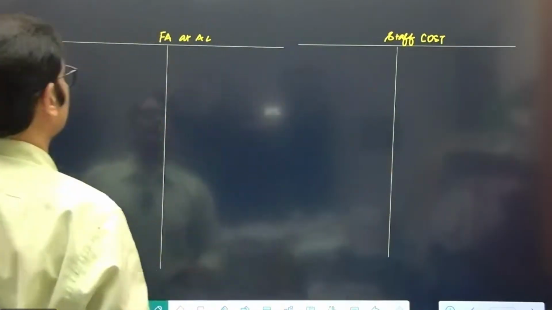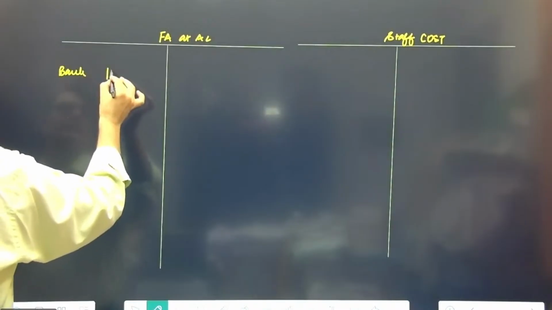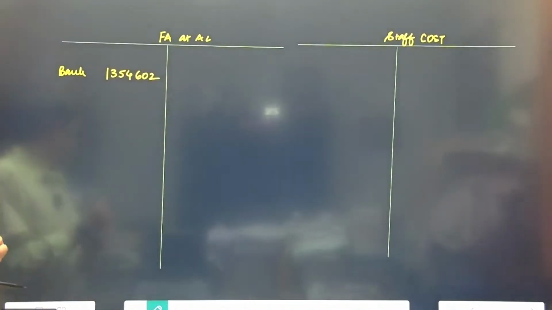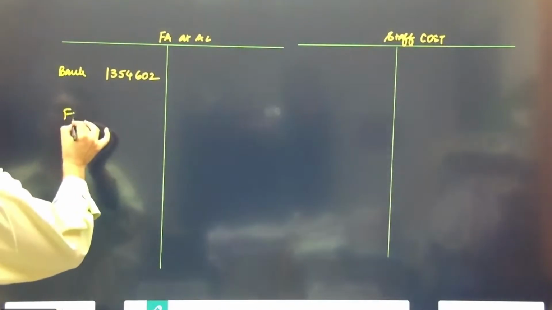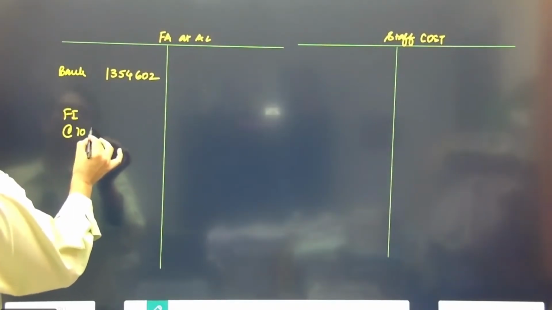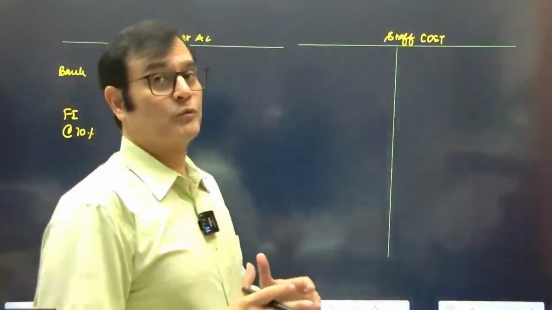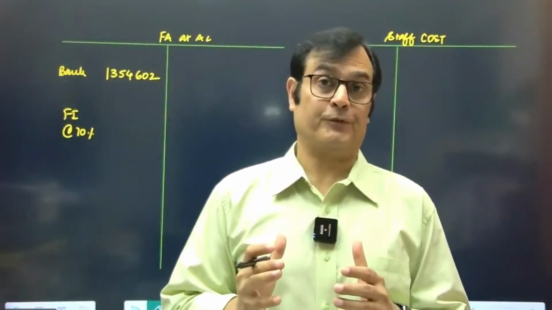So let's consider the financial asset at AC. So this is bank. So this was 1354,602, correct? Yes, sir. So let's concentrate on this ledger account for the first year. So we'll make the finance income due at the rate of 10%, which is the benchmark rate. And you would also recall that there is a fundamental principle in entire Ind AS.